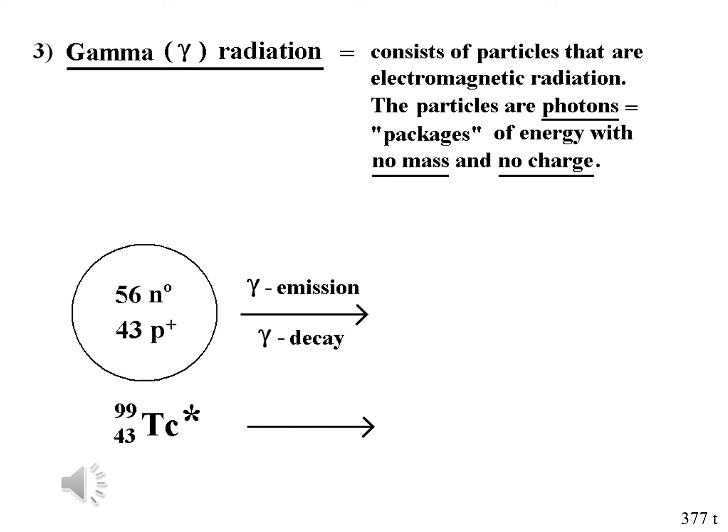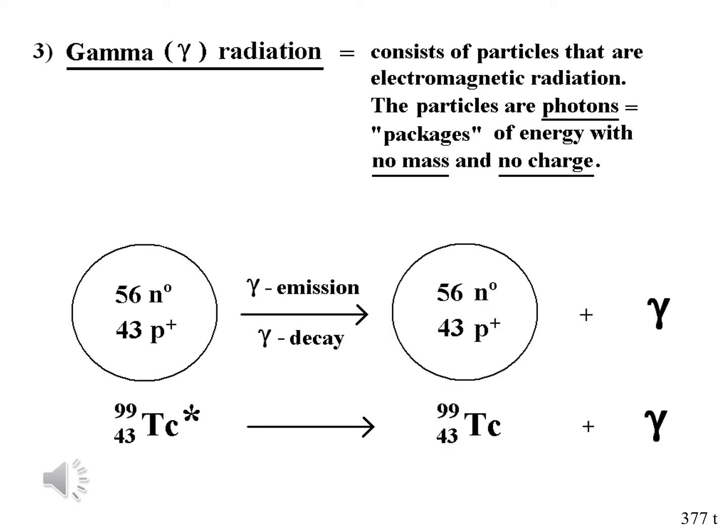Now, because it doesn't have any charge or mass, I want to look at what happens to the nucleus. This technetium is what I told you can be injected into heart patients to watch the heart beating on a fluoroscope. It's a gamma emitter, which a lot of elements are. And so what would happen to the nucleus if this gave off a gamma particle?